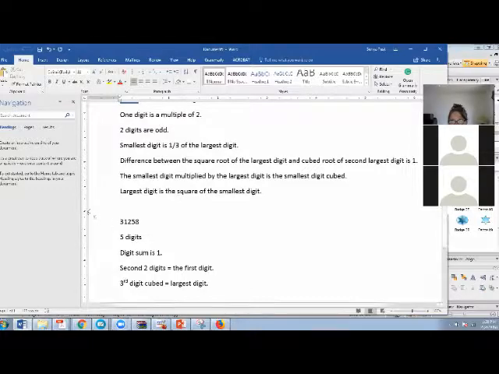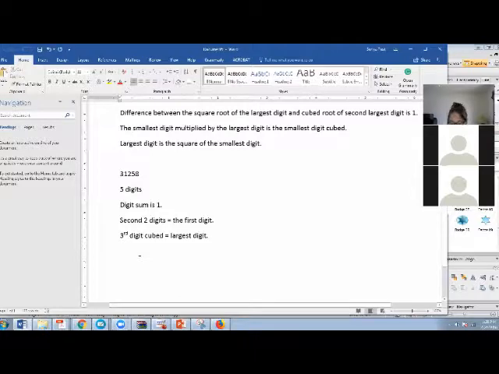The largest digit divided by the second smallest, which is the 2, minus 1 equals the first digit. Why don't you say minus the second digit? How's that? My second digit equals the first digit.